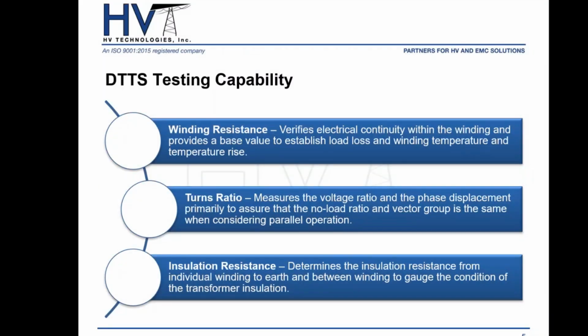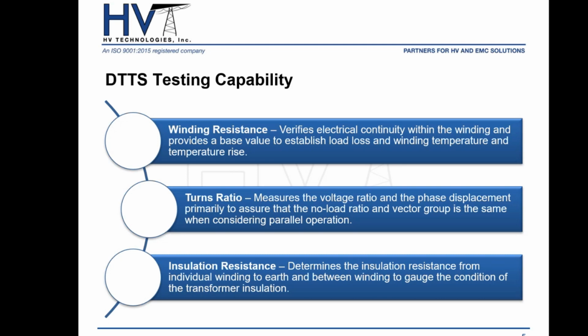So as far as the DTTS, we have the advantage that the DTTS is basically one turnkey solution for all routine testing. You'll be able to do testing like winding resistance to verify continuity between the windings.